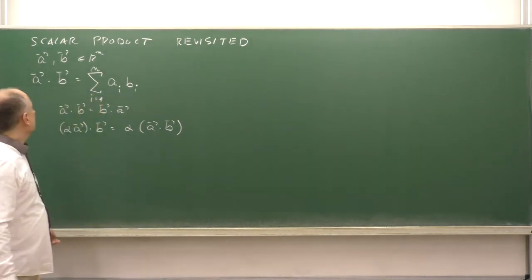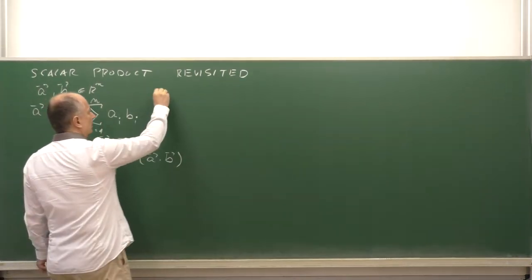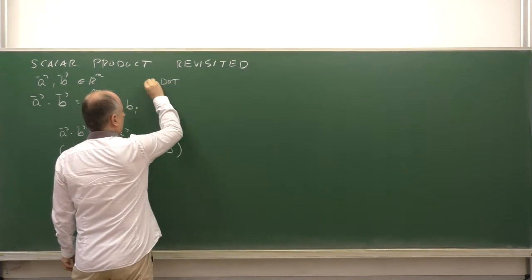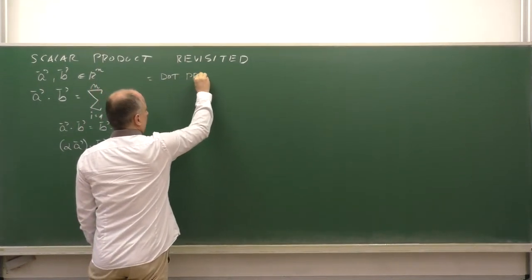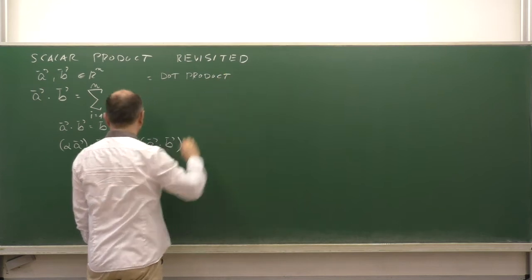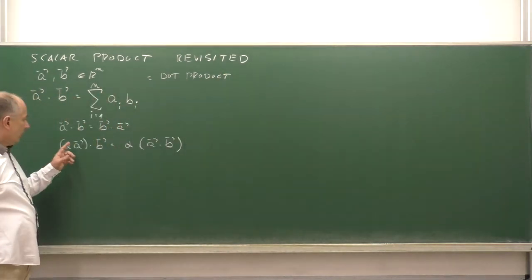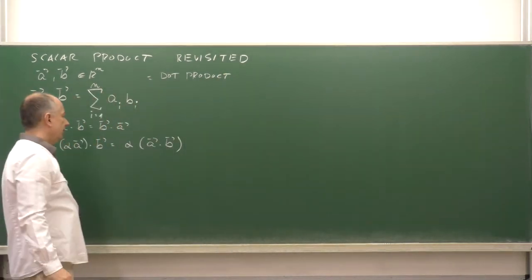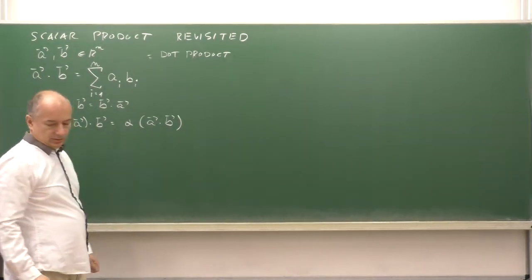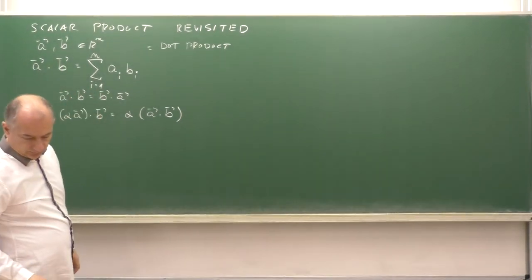The scalar product also is sometimes called dot product. So we can factor out the scalar alpha in front of the dot product.